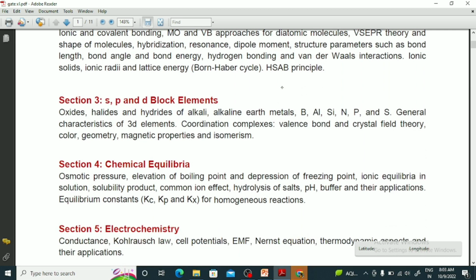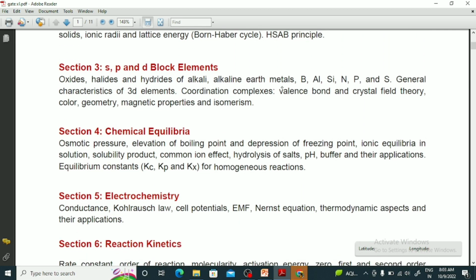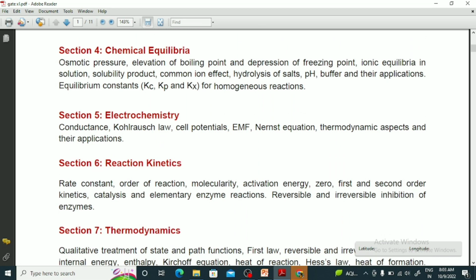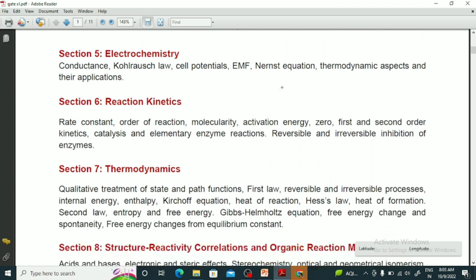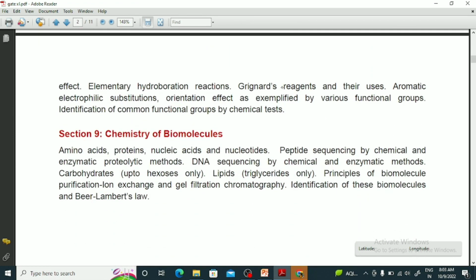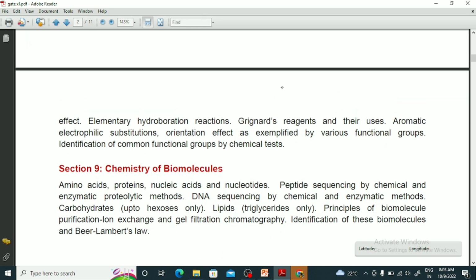Section 3 is s, p and d block elements. The fourth one is chemical equilibria. Fifth is electrochemistry. Then we have reaction kinetics, thermodynamics, structure and reactivity, and so on, and at last we have the chemistry of biomolecules. You can go through it and analyze which topics you have to majorly focus upon.